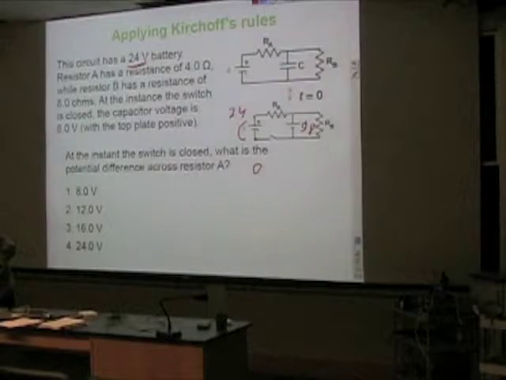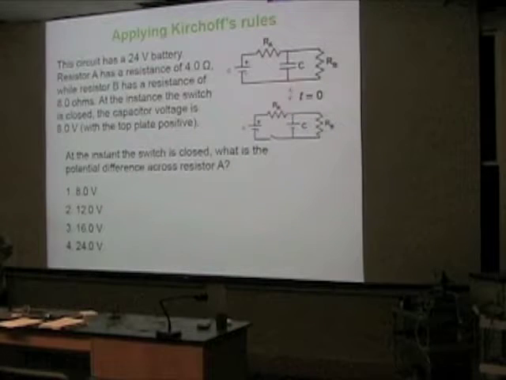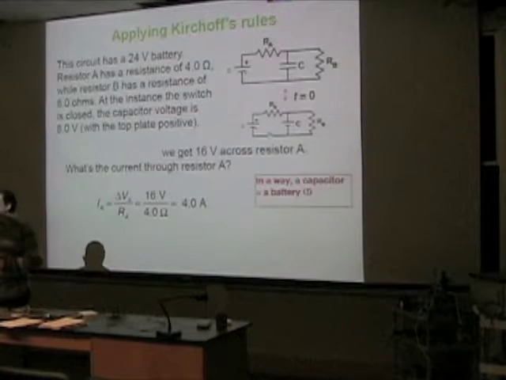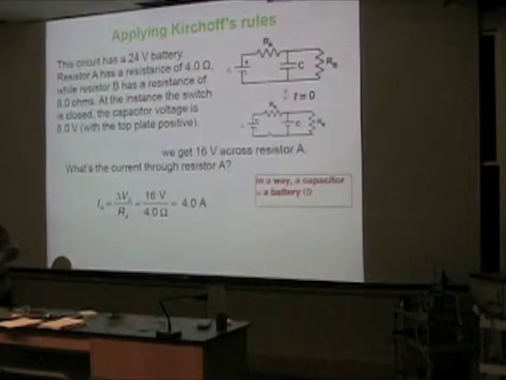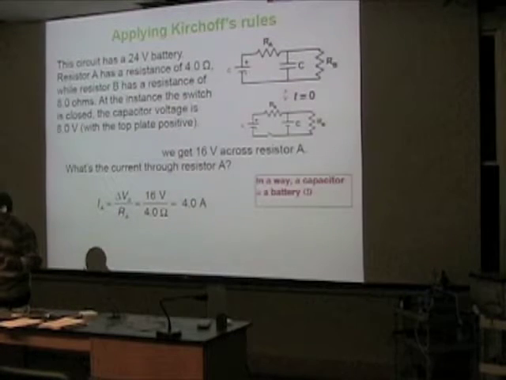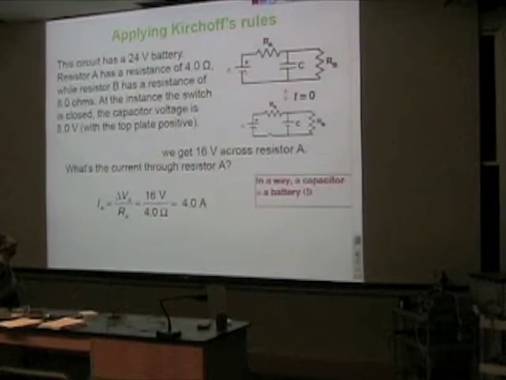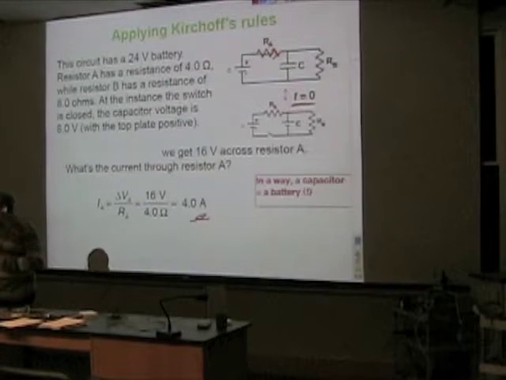So 0, 8. 24 minus 8. Since we know that the potential difference is 16 and we know the resistance, now we can apply Ohm's law. So this current through the resistor equals 4 amps. When? Only now. Only at t equals 0.